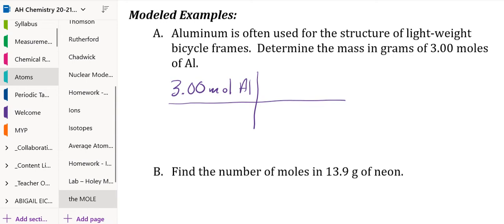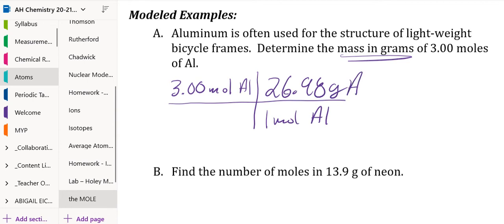1 mole, and then you put 6.022. That's going to give me atoms of aluminum. But I want grams. Oh, so 1 mole, and then 26.98 grams to the mole.